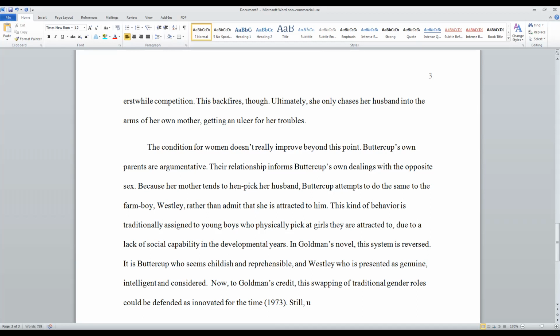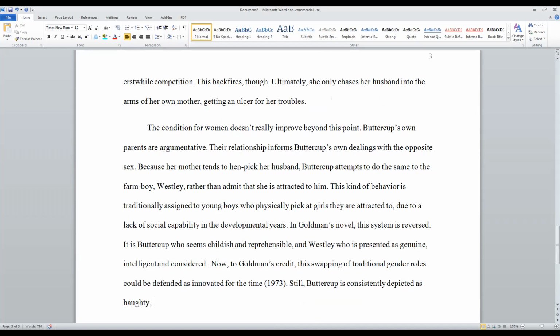Still, Buttercup is consistently depicted as haughty, or let's say not thoughtless, but careless. Haughty, careless, and vain.